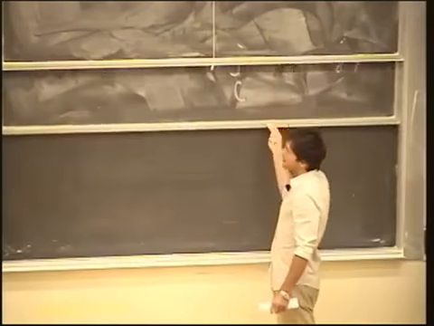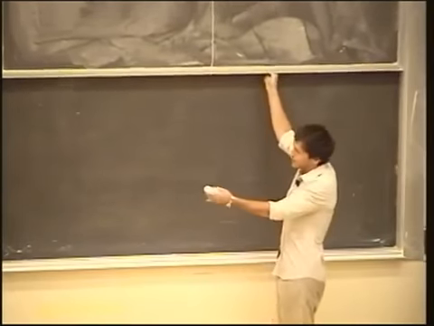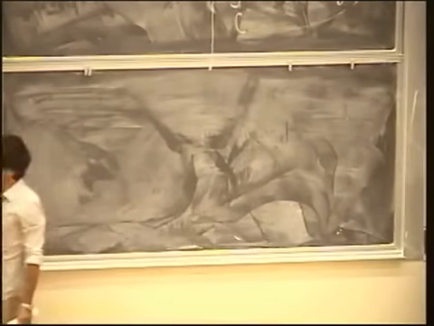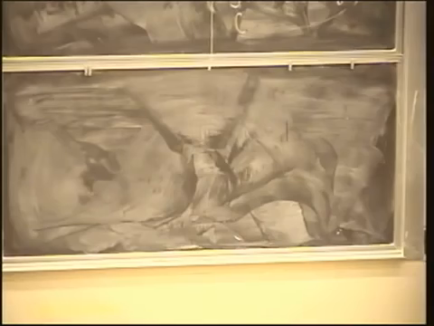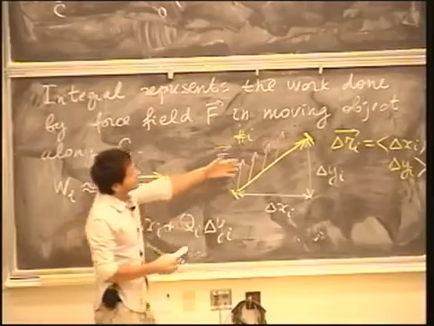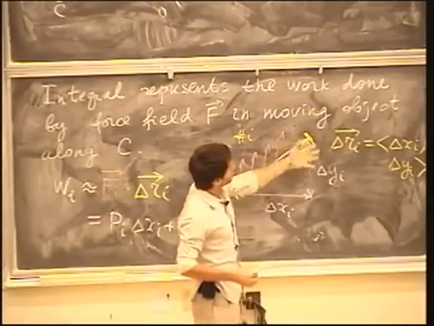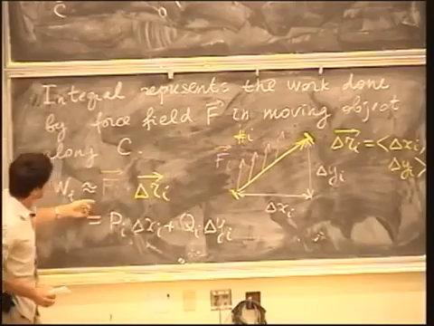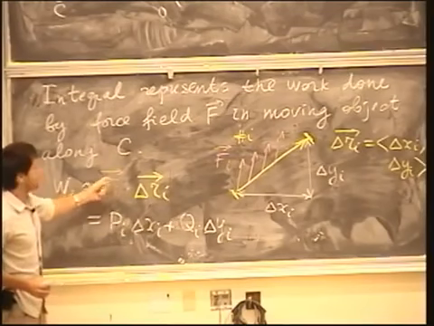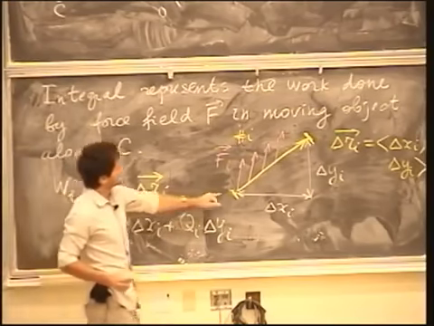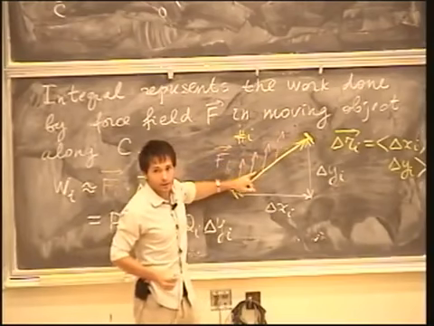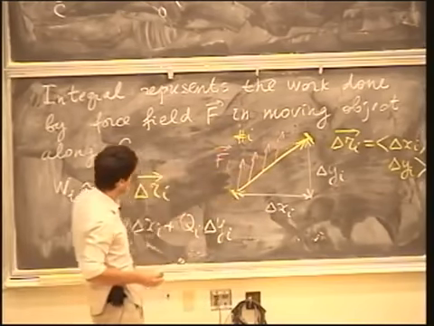And in trying to generalize it, we simply have to go back and look at this picture one more time. So what is the structure of the integral that we obtain? Well, the structure of the integral is really dictated by what we've done at one of the segments, at segment number i. What we've done is that we've taken the dot product between this vector f_i and the displacement vector along this segment of the curve.